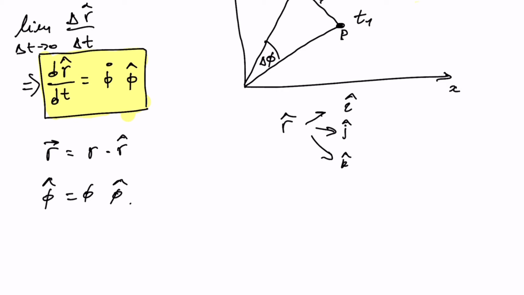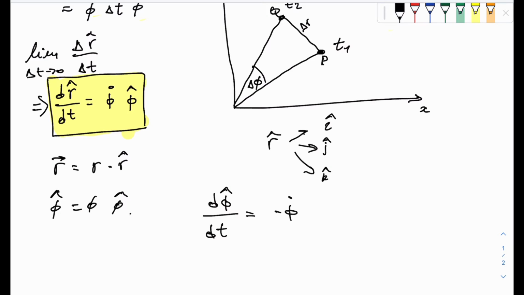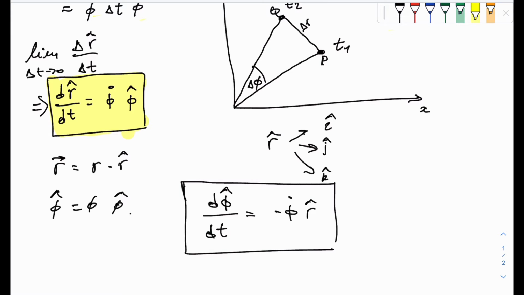Therefore, you can come to the conclusion, you can prove, that d phi hat over dt is minus phi dot in the r direction. So these are two equations that we need later. Why do we need them? It's that when we find the derivative, we have to find the derivative of the unit vectors too.